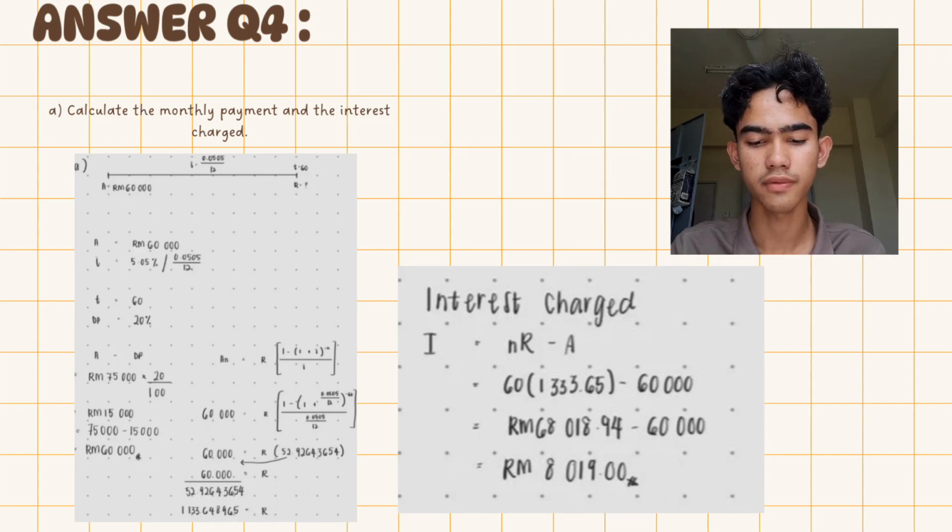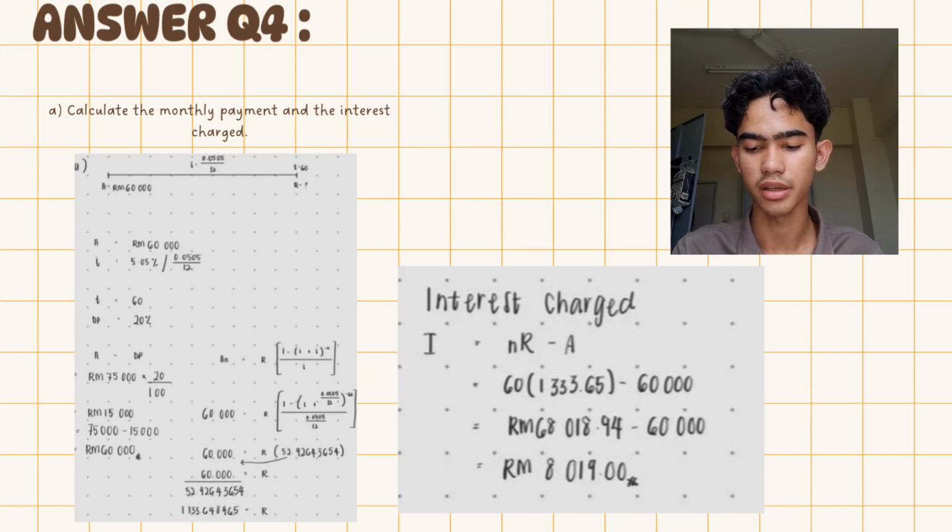And then transfer the information we got to the formula, we will get 60,000 equivalent to R bracket 1 minus bracket 1 plus 0.0505 per 12 bracket and powered by negative 60 divided by 0.0505 per 12 bracket.